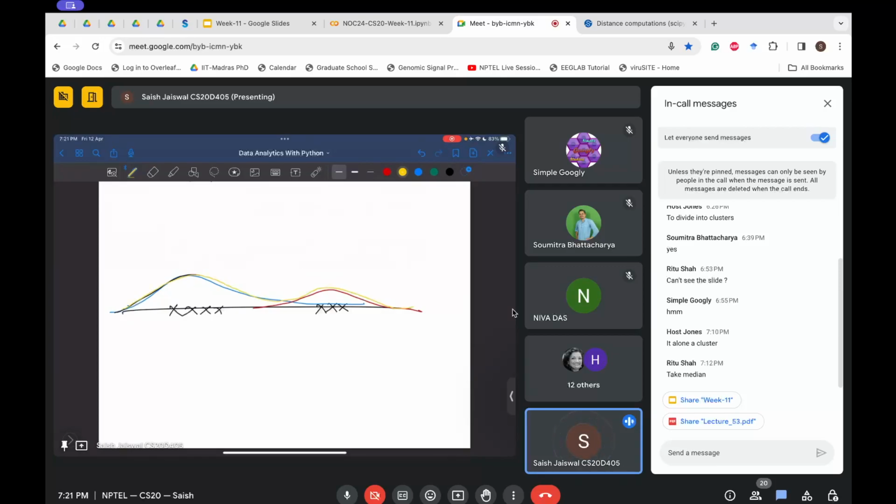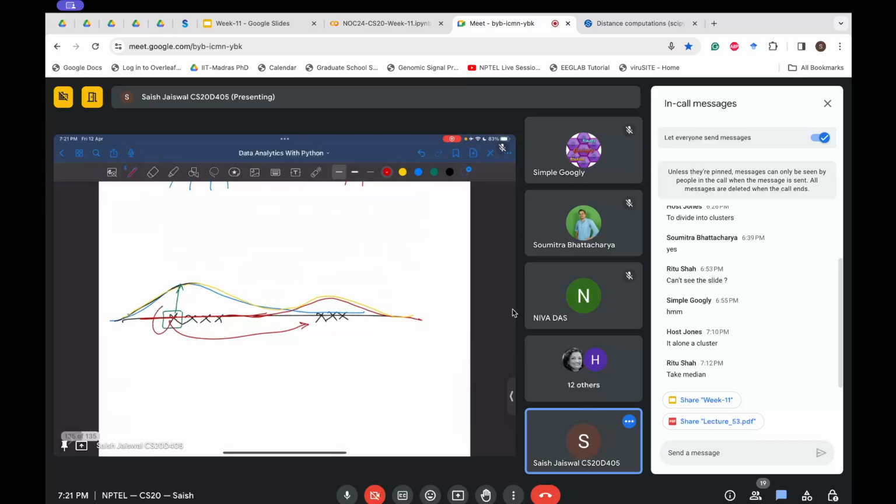Now this particular data point belongs to the blue Gaussian as well as the red Gaussian. Though its probability density is pretty low, still with a certain probability it belongs to this particular cluster, and with a certain probability it belongs to this blue one. So this is the soft way of clustering. This is known as soft clustering.